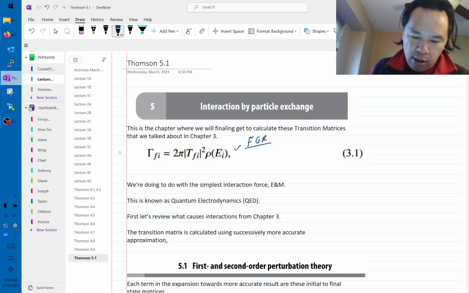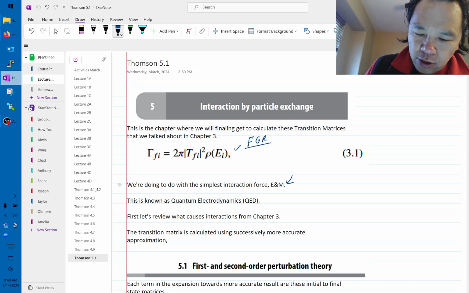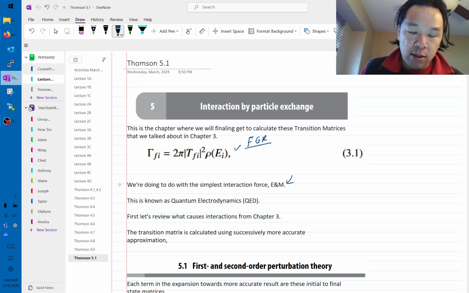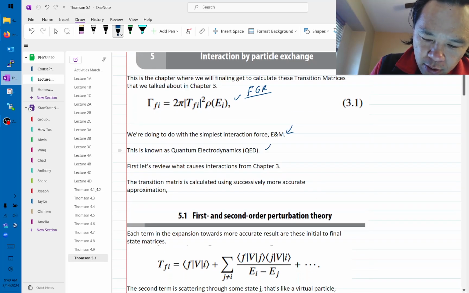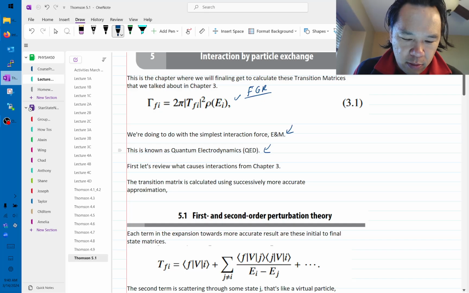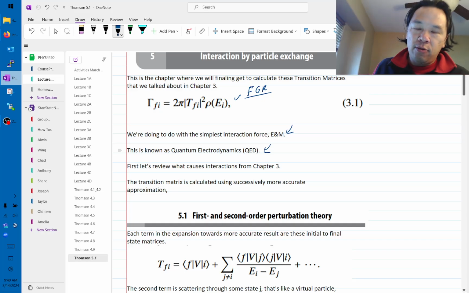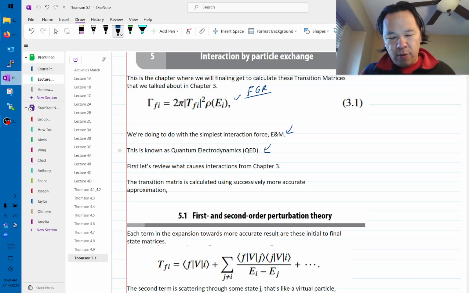The reason we did the Dirac equation before is because the Dirac equation actually describes the interactions of electricity and magnetism, and this is actually the simplest case. The entire framework is called quantum electrodynamics. You may have heard me say this once in a while without explaining what it is.